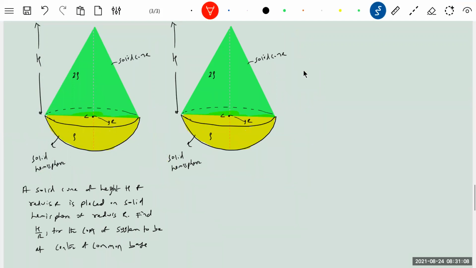The center of mass of a solid cone is h by 4, we know it, and that of the hemisphere is 3r by 8. Let me define this as the x-axis and this as the y-axis.